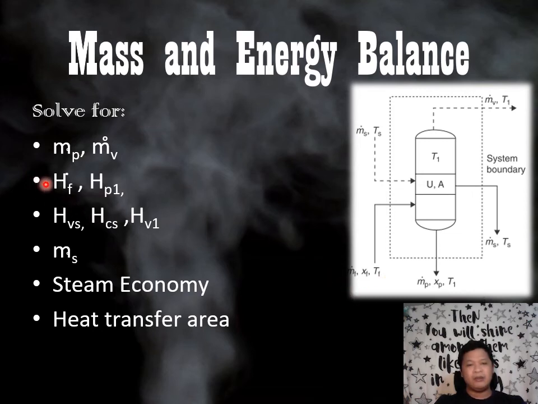And then you need to get the enthalpy values for the feed, for the product, as well as the enthalpy values for the saturated vapor, condensed vapor, and the vapor that evaporated from the product. Okay, and after you get the following, you'll be able to solve these by plugging the equations and setting the unknown on one side of the equation.